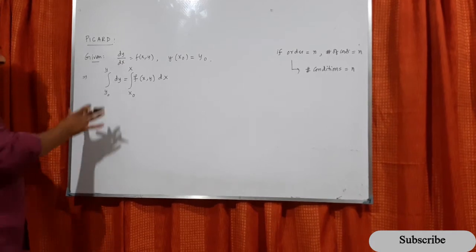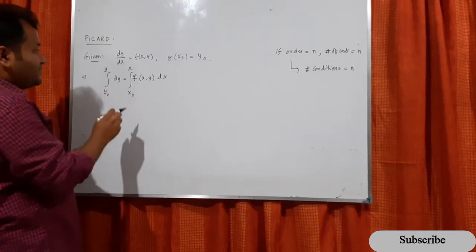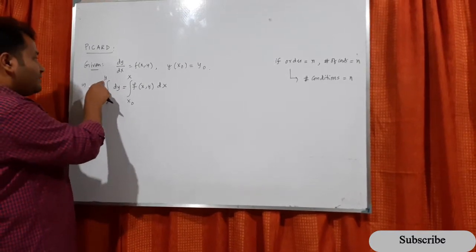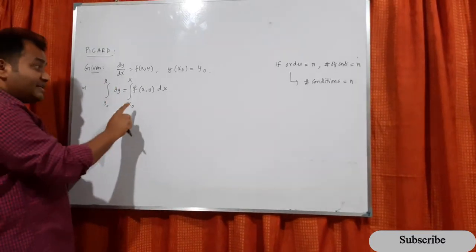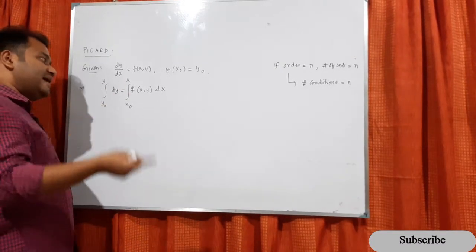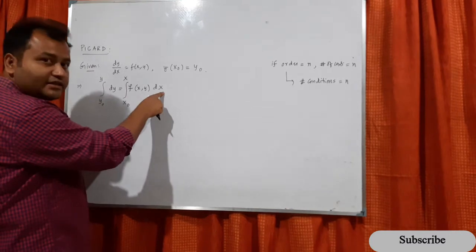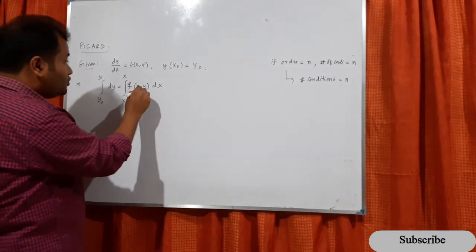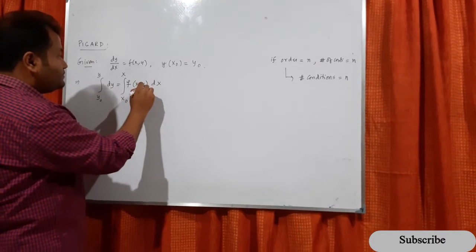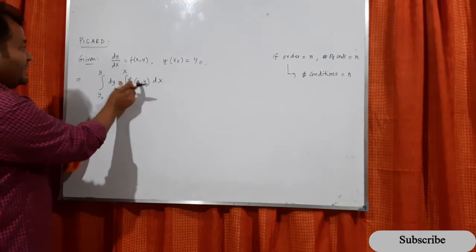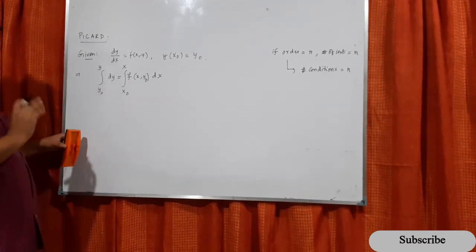Understand? When we do this, in the left hand side there is no problem. There is the y variable, so y and y naught. In the right hand side there are two variables, x and y, but we are taking the integration with respect to x. So what about y? You should put y naught. Now this becomes a function of x.